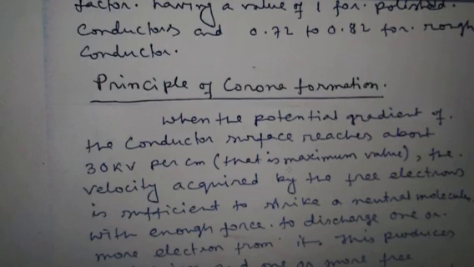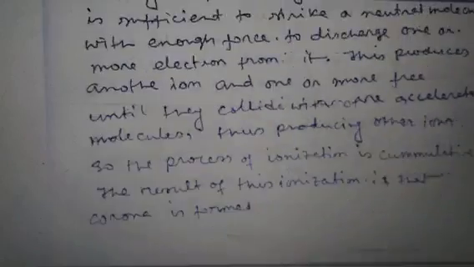This produces another ion and one or more free electrons, which are in turn accelerated until they collide with other neutral molecules, thus producing other ions. Thus, the process of ionization is cumulative. The result is that corona occurs due to this phenomenon.